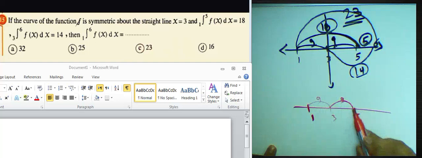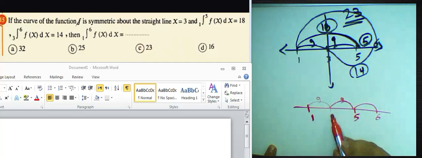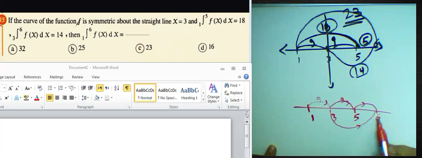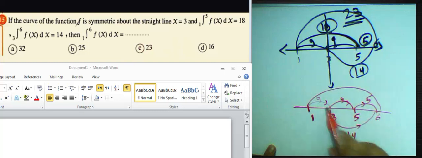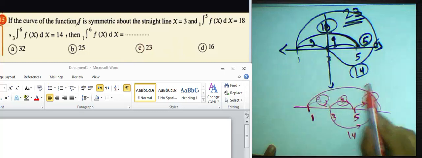And from 5 to 6, he gives us the integration from 3 to 6, this part, equals 14, which is 9 plus 5. So the integration from 1 to 6, 9 plus 9 plus 5, equals 23.